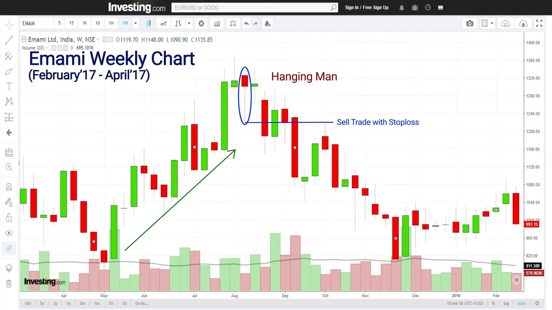Two weeks later, when the low was breached, see how smoothly the Emami stock fell. It fell from a level of 1200 odd to a level of 900 odd, so that was almost a 25% correction. This was a great example of the hanging man pattern in the weekly chart.